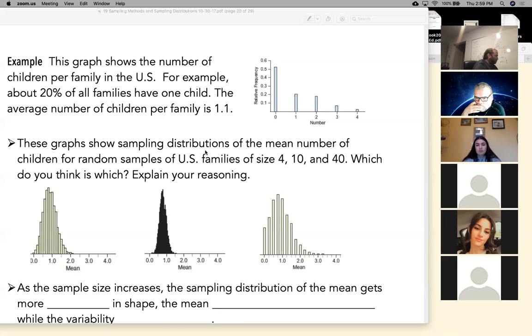Think about that. I think the third one, because 4 doesn't have any. Well, no, the first one does too, though. It's got to be 1 or 3, I think. Well, there's 3 possibilities, right? 4, 10, and 40.